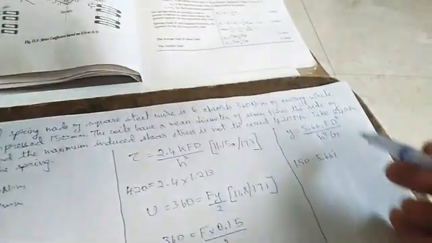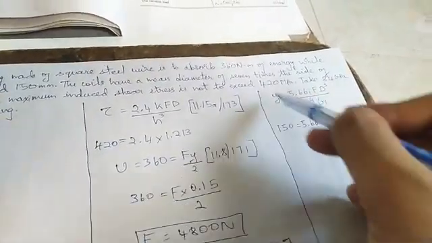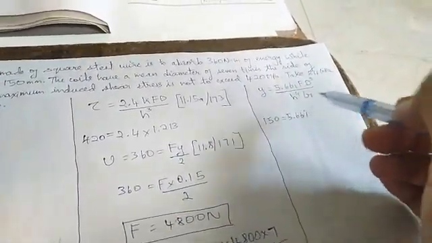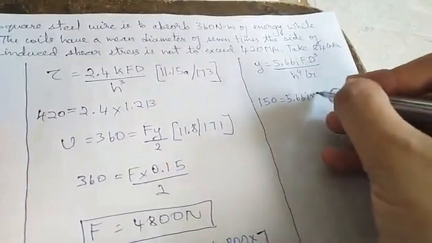The equation should be in terms of i, but no problem, we shall substitute and cross multiply.